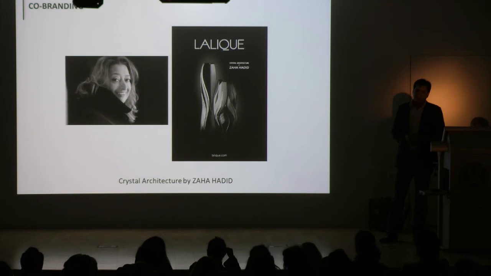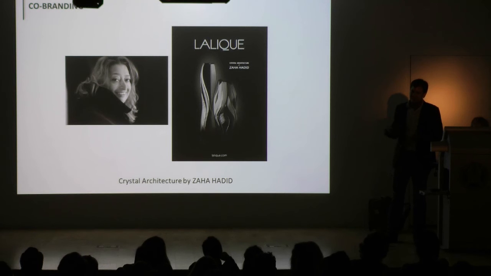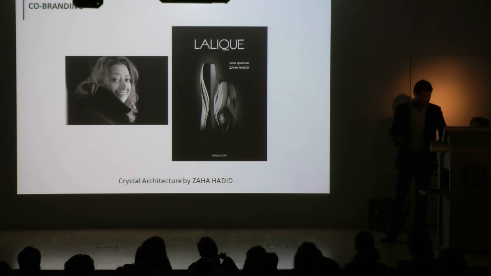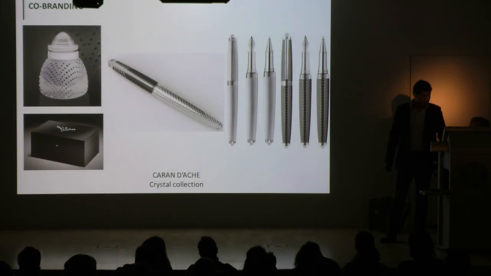Probably not as known as other architects today, but she's very famous and building very interesting buildings in the UK and all over the world now, with these beautiful vases. Working with Caran d'Ache as well, another Swiss company, with the Caran d'Ache for Lalique collections.